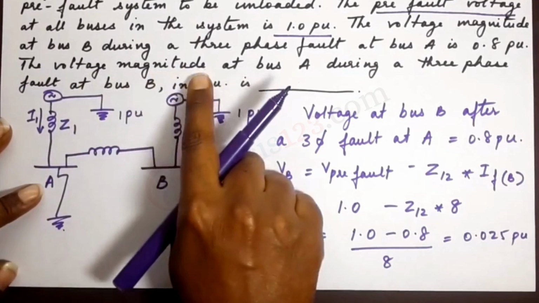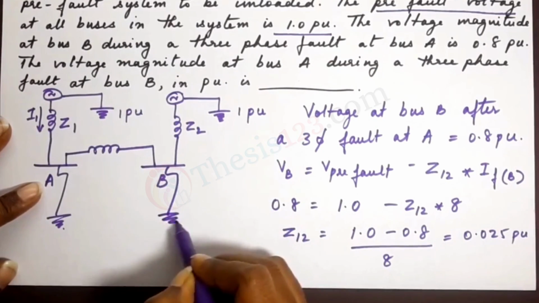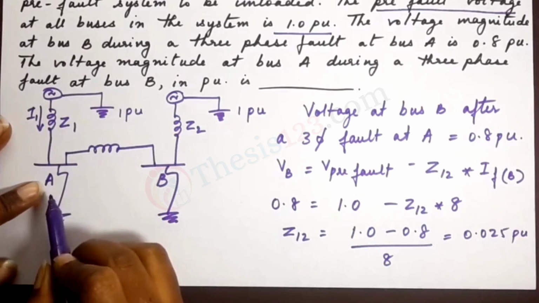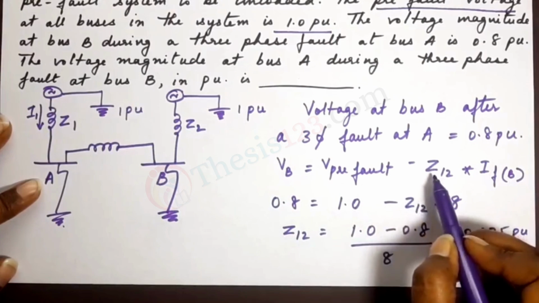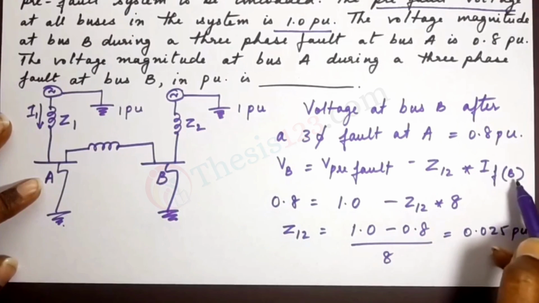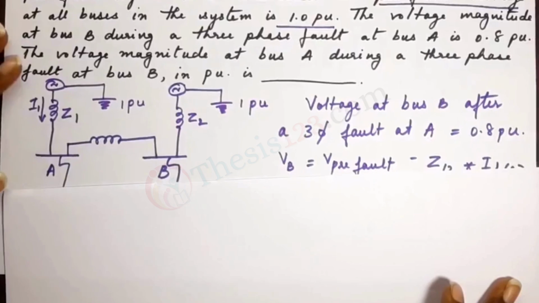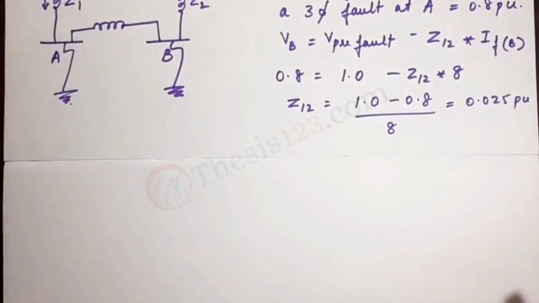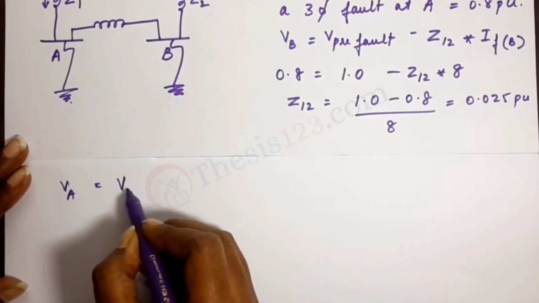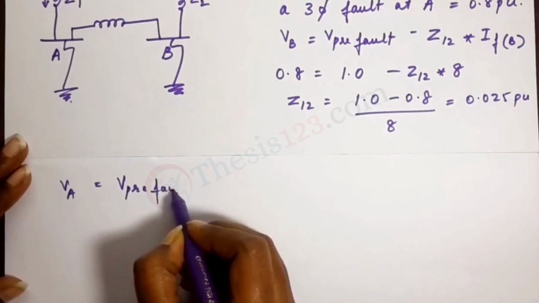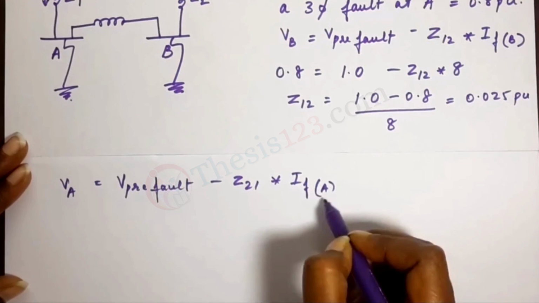The question says the voltage magnitude at bus A during a three-phase fault at B. Now let's say there is a fault at B, so we will have to find out the voltage magnitude at A. So the formula now becomes VA is equal to V pre-fault minus Z21 times IF of A. Let me just write that here.